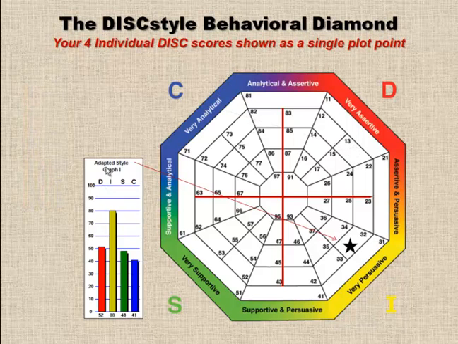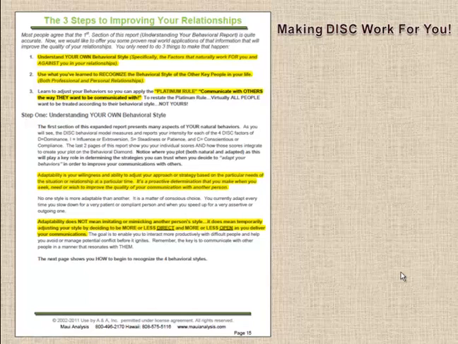Now his adapted style, remember that had changed, and so the plot on the wheel changes. He'd become less dominant, moving away from the high D, and becoming more extroverted, moving towards the I. So like you move your mouse around on your computer screen, as you move on different places on the wheel, these factors move up and down as a reflection of the overall behavioral style that you have.